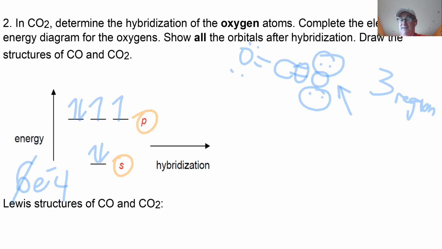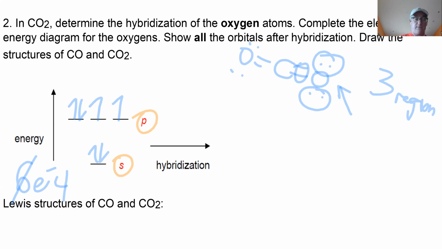Right, 3 regions, sp2. So we need 3 regions of equal energy, 3 regions where we're going to put electrons. That means we're going to need 3 new orbitals that are identical to each other. So I need 3.